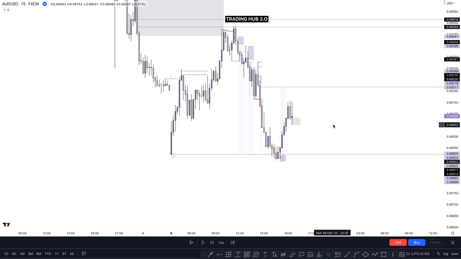This is very risky, because the main trend is bearish. So you can simply buy here, but only for the short term. The main term is your bearish structure, and bearish is also available here.